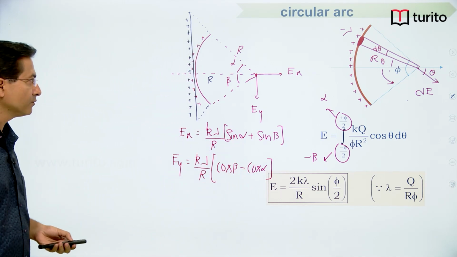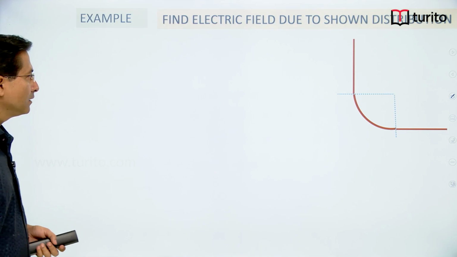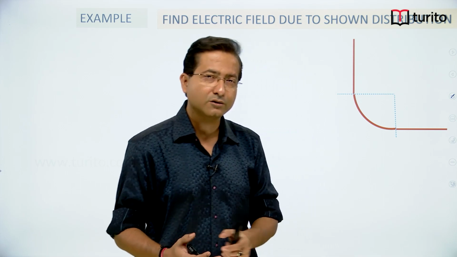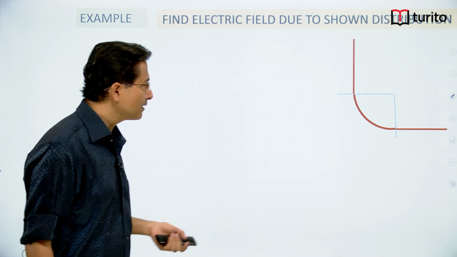Now let us move to the next slide. I have taken one example to make you understand how to use these formulas, the application of the formula we have derived. So, the simplest example I have taken.